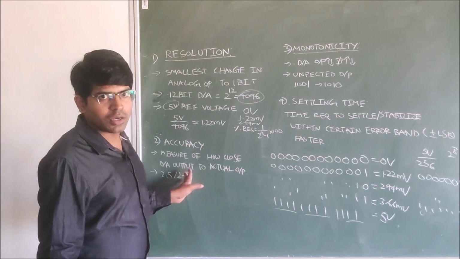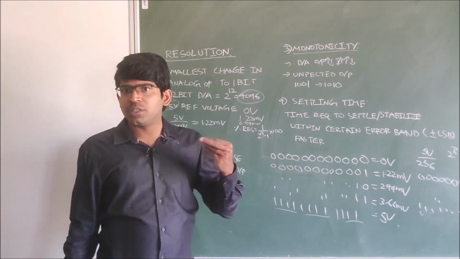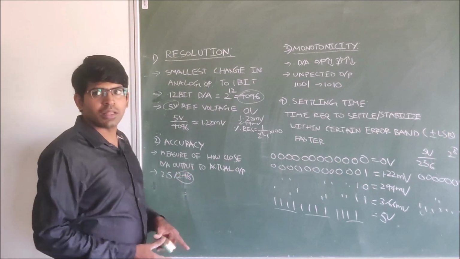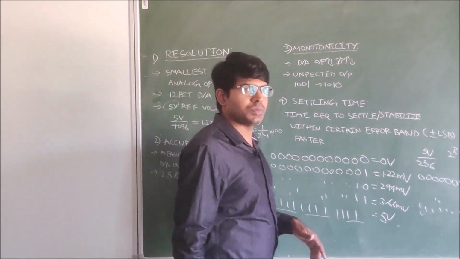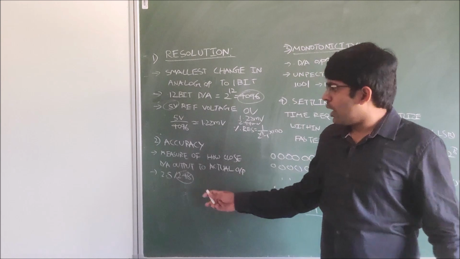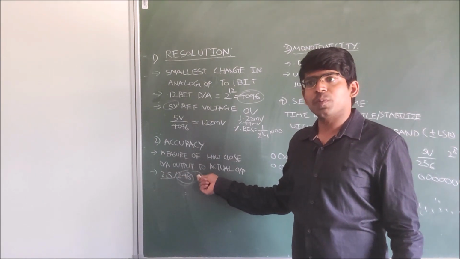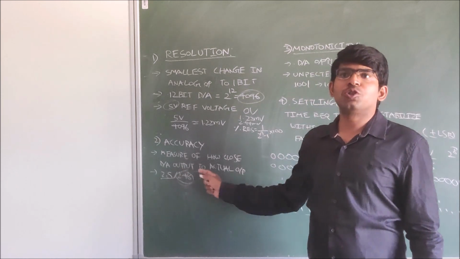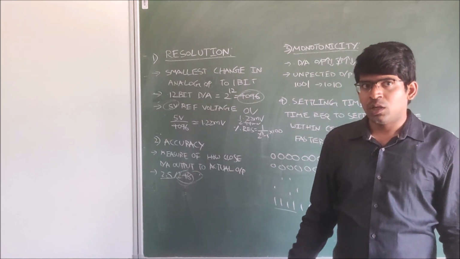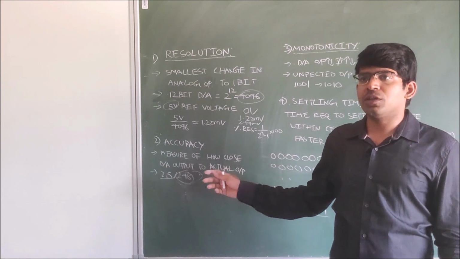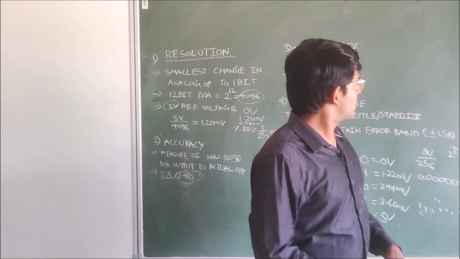If the analog output value is 2.5 volts but the value that came is 2.49 volts, or if the output is 2.5 volts but the original value is 2.48 volts, the error is 0.02 volts. A little bit of error is there. That is what we represent with accuracy.